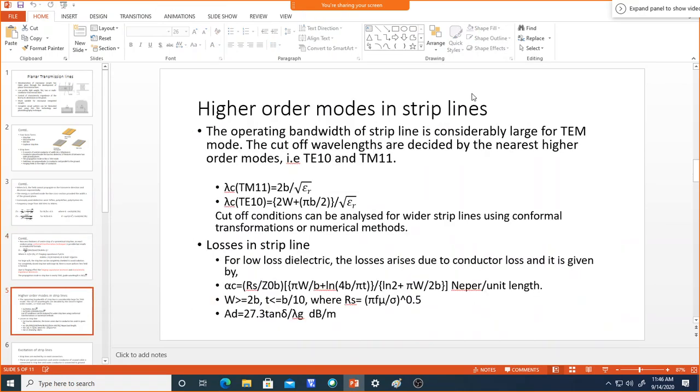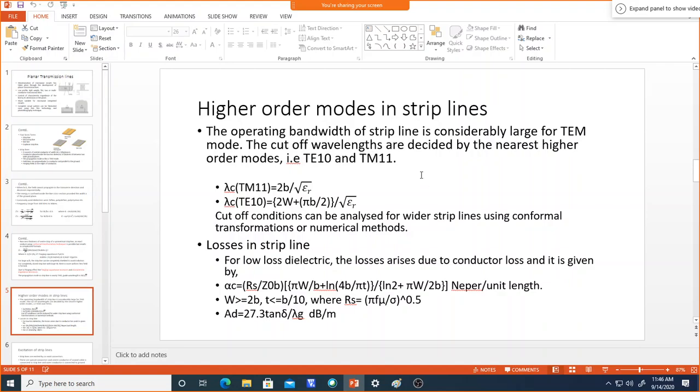The higher order modes in strip lines. Whatever the maximum radiation comes from the strip line is called the fundamental mode, and the radiation will generally be divided in different directions when you go for the higher order modes.